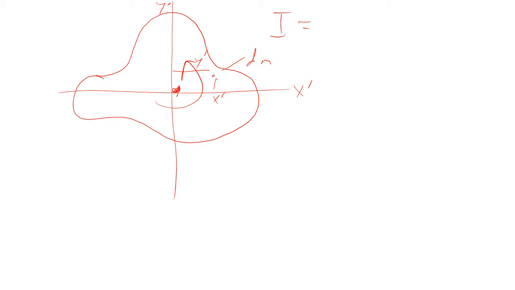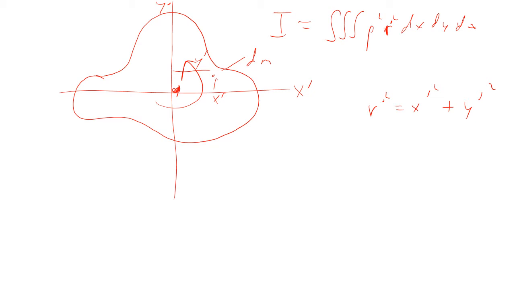Okay, so someone has already calculated this, and so that is going to be this integral of rho r squared dx dy dz, where r squared here, I'm going to call it r prime squared because that's just in the center of mass. So r prime squared is going to be x prime squared plus y prime squared.